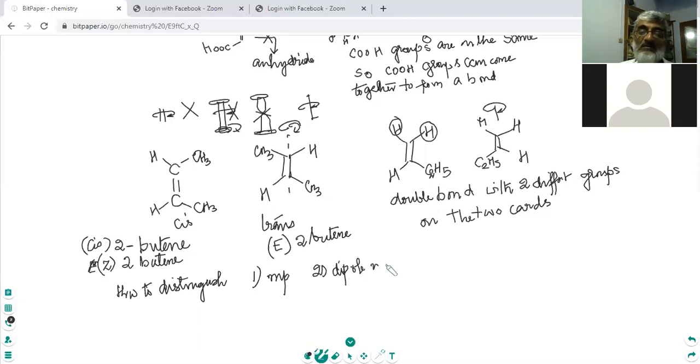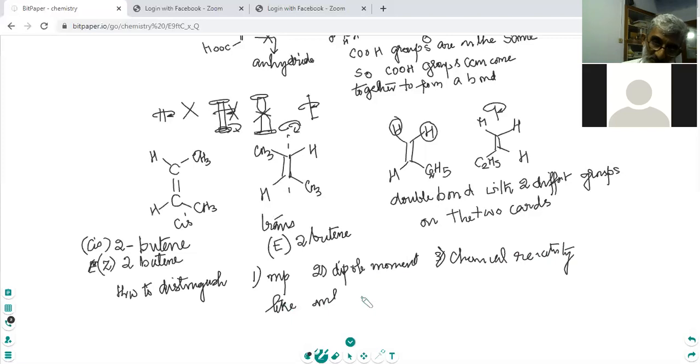Third, chemical reactivity, like anhydride formation. So this is our discussion on geometric isomerism.